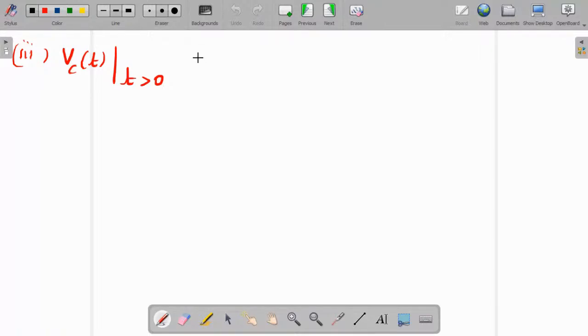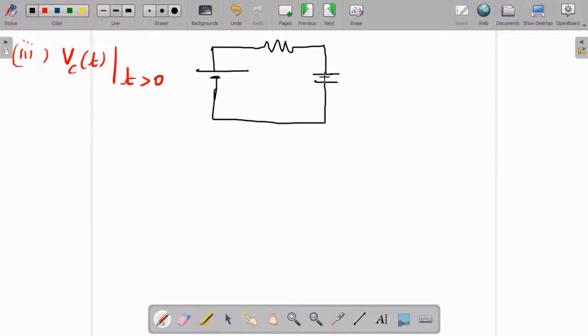So how will the circuit look? We'll have our voltage source, switch is closed, we have a resistor and we have our capacitor. Only in steady state the capacitor becomes open. So here the capacitor is storing the charges. So this is 1 farad, this is 5 ohm, let this be the direction of current, and this is 5 volt.